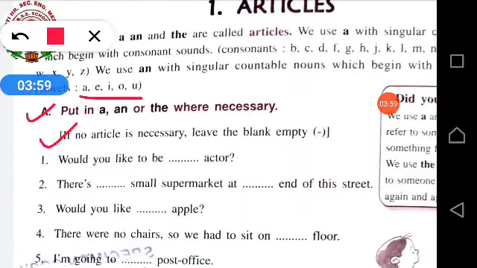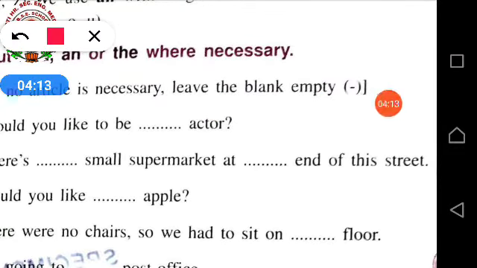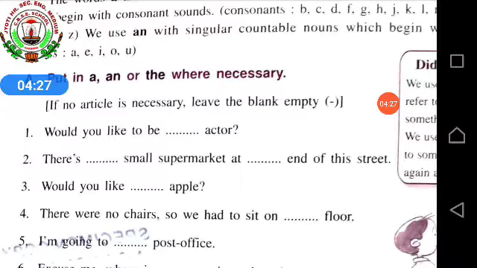So the first one: would you like to be dash actor? What is A over here? A is a vowel. So what will come? Would you like to be an actor?